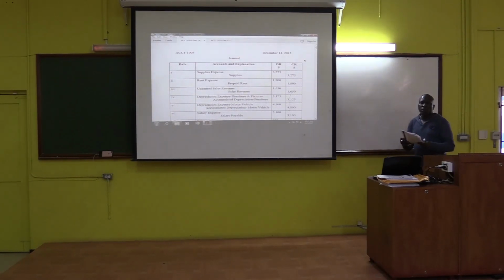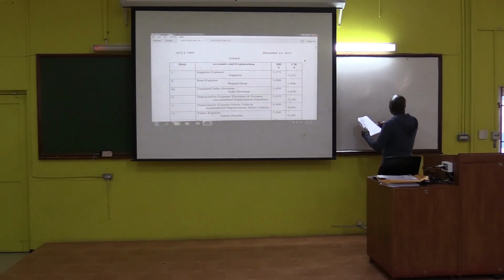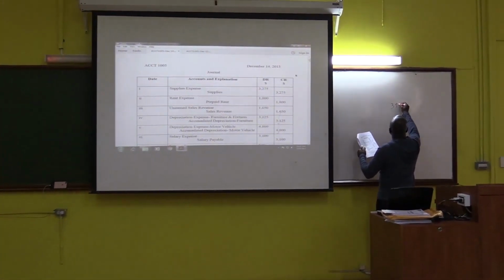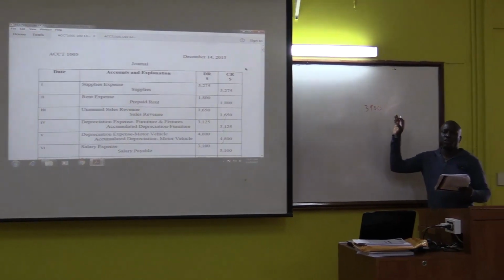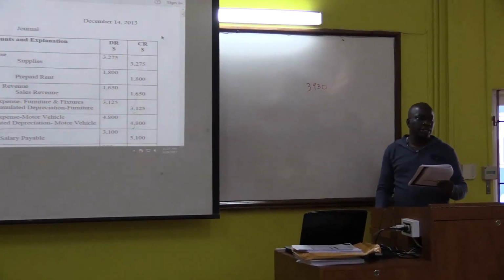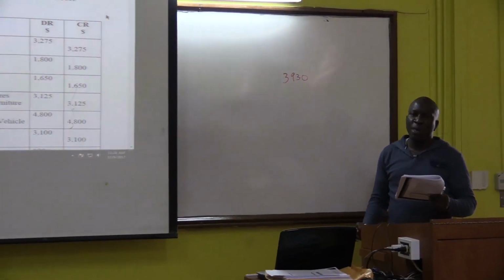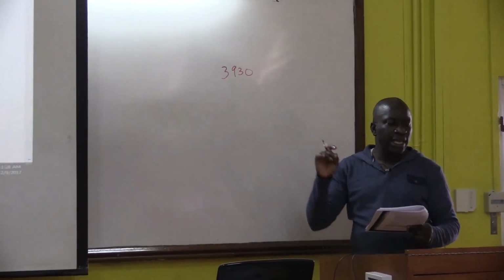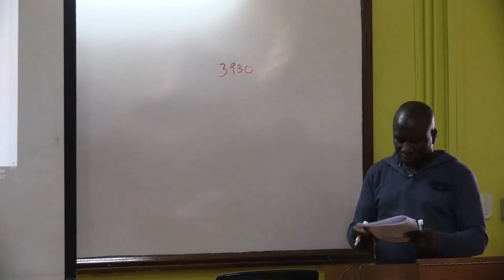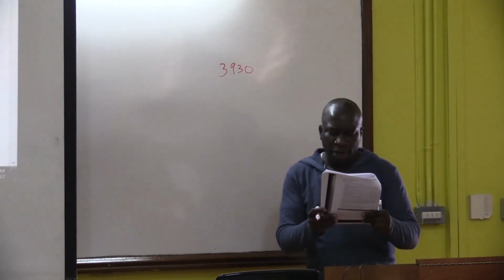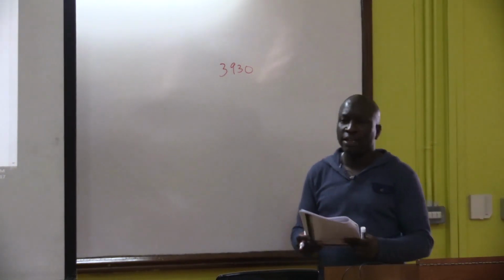How much was the total supplies on the trial balance? 3,930. That's the total supplies on the trial balance, right? Then the question paper said 1/6 of this remained on hand.